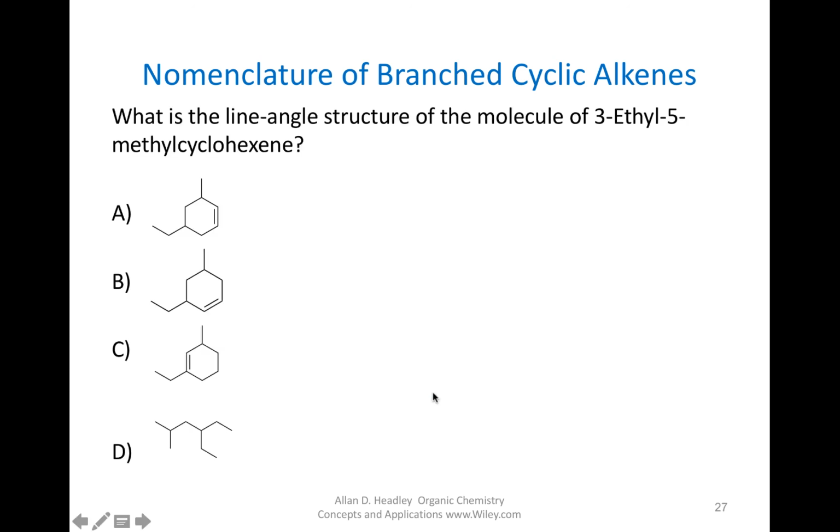So here's a practical application of this. So let's see if we can answer this question. Which is the line angle structure of this molecule which has this IUPAC name? So it's a cyclohexane. So this one would be questionable.